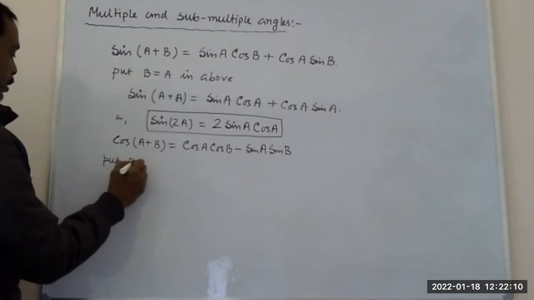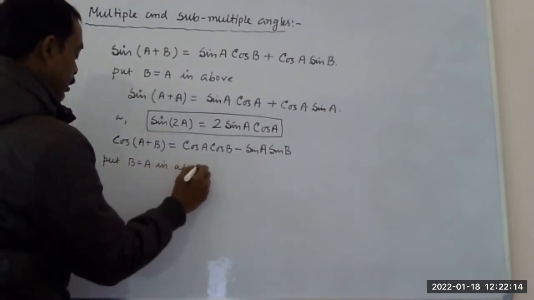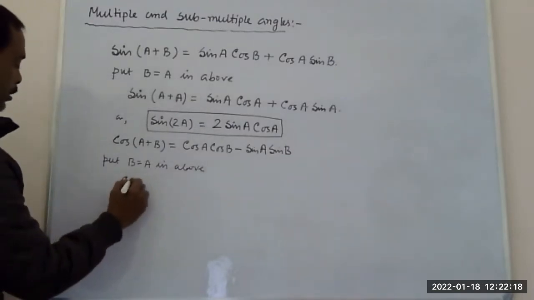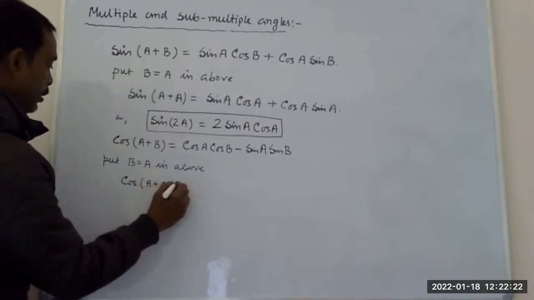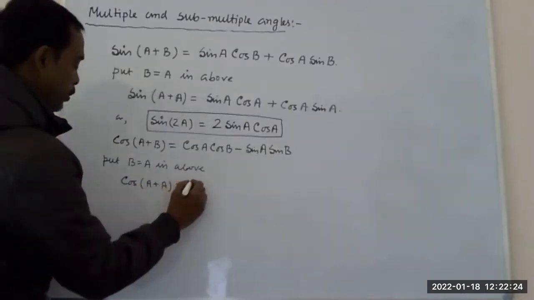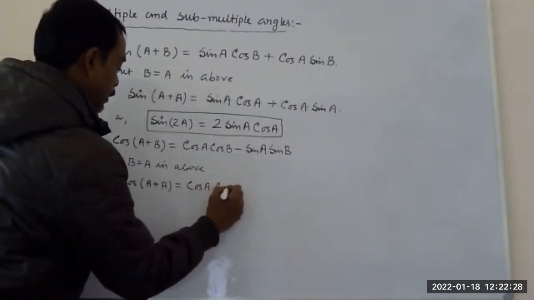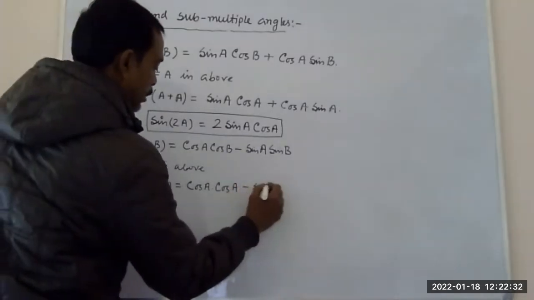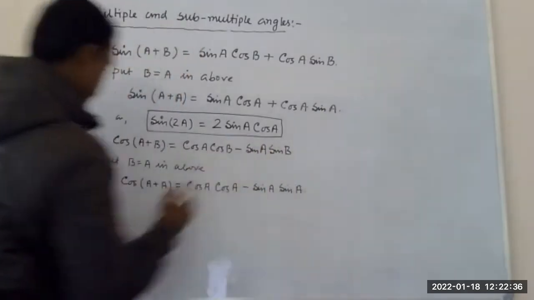Again put b equal to a in the above. Then we got cos of a plus a is equal to cos a into cos a minus sin a into sin a.